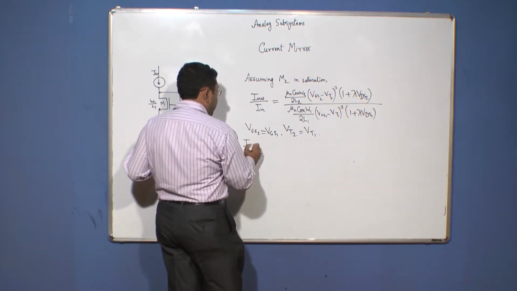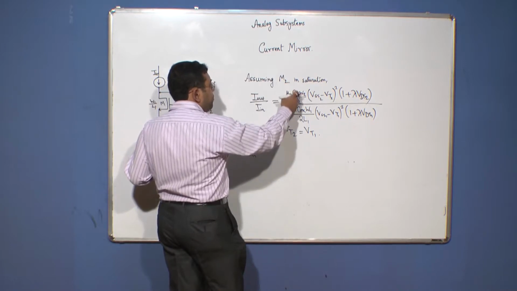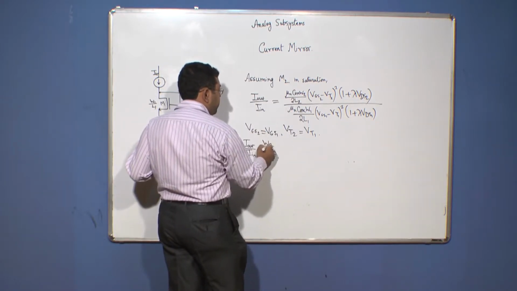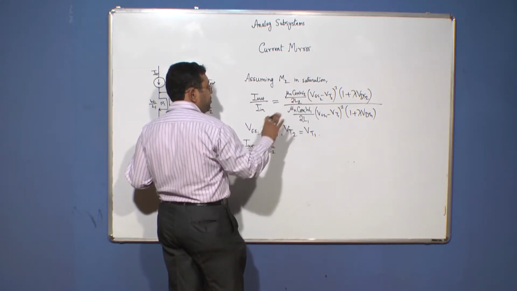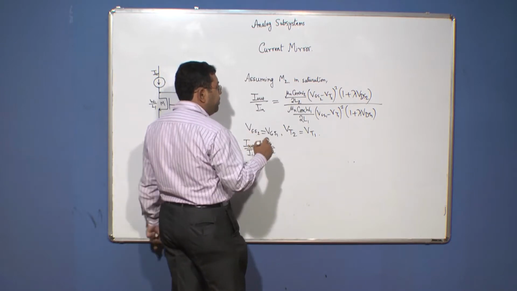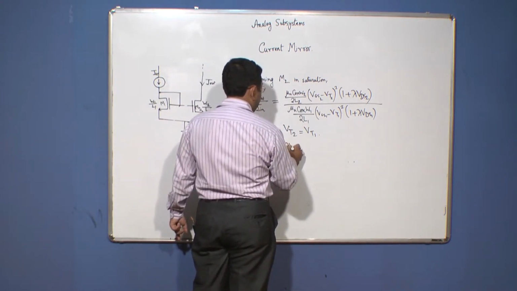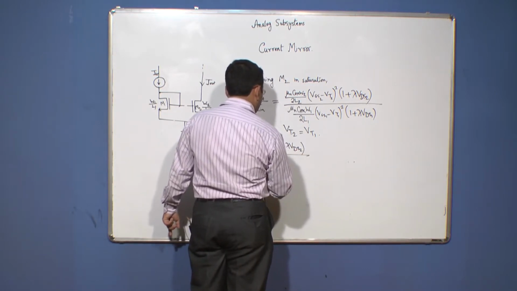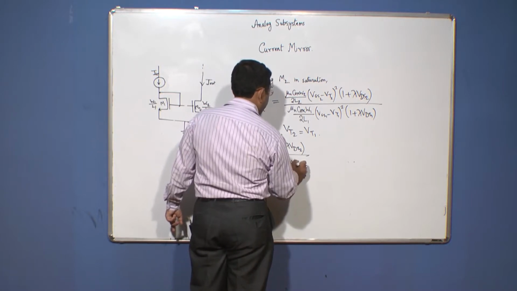So we get I out by I in equal to, so mu COX, all these things cancels out, and we are left with W2 by L2. So this VGS 2 minus VT2 also cancels with VGS 1 minus VT1 whole square. So we are ultimately left with W2 by L2 into 1 plus lambda VDS 2 by W1 by L1 into 1 plus lambda VDS 1.